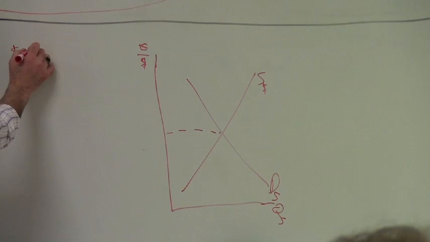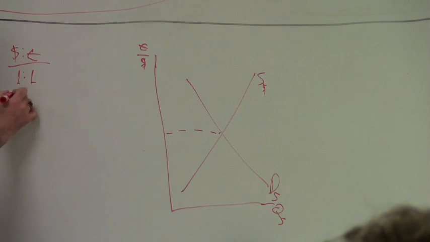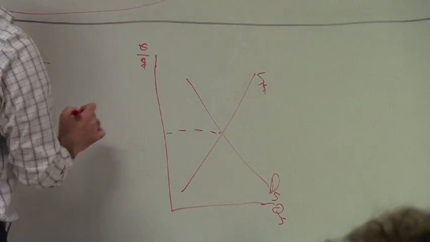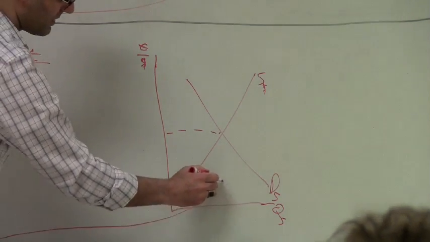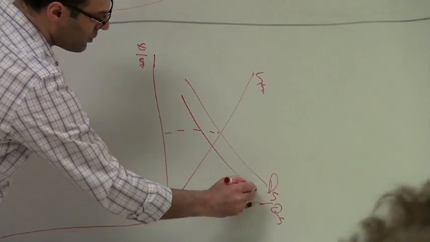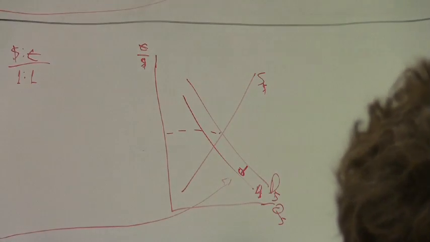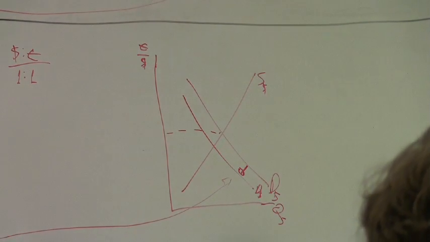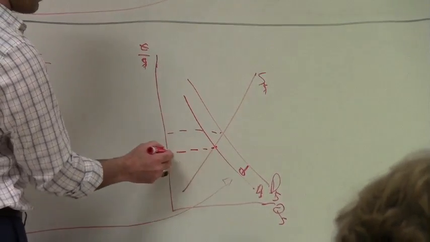Let's say it was $1 for 1 euro, for simplicity's sake. Now, as a result of the real interest rate in the United States decreasing, foreigners don't want to invest as much money in the United States. Therefore, they're demanding fewer dollars. So demand for dollars decreases, and that causes the dollar to depreciate.